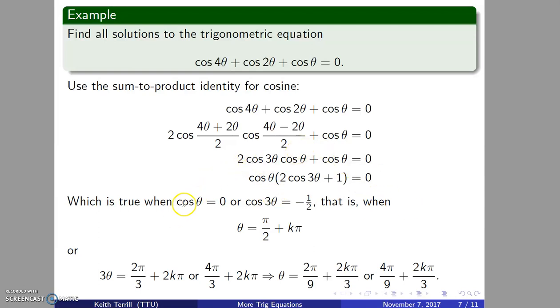Either cosine theta has to be 0, which is true when theta is 90 degrees or 270 degrees, or when this other expression goes to 0, which tells me that cosine 3 theta has to equal negative a half. So doing the arc cosine function, if you really must, cosine of 3 theta equals negative a half at 2 pi over 3.